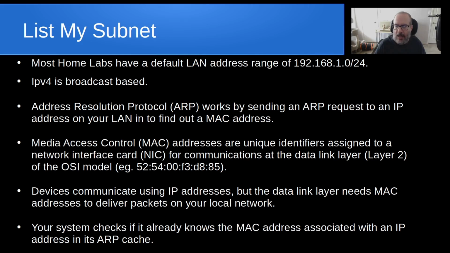So if you tell it, hey, I want to go talk to 172.16.1.10, it'll go ahead and look up in its ARP table whether or not it has a cached value for the MAC address for that particular IP address. So with that in mind, let's go take a look at how we use the MAC addresses and how ARP works on your local area network.